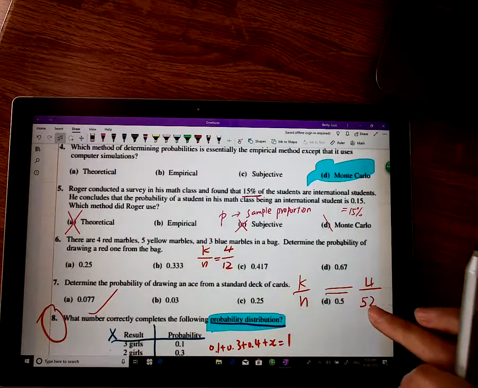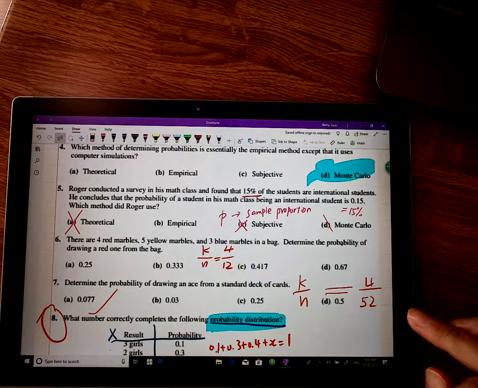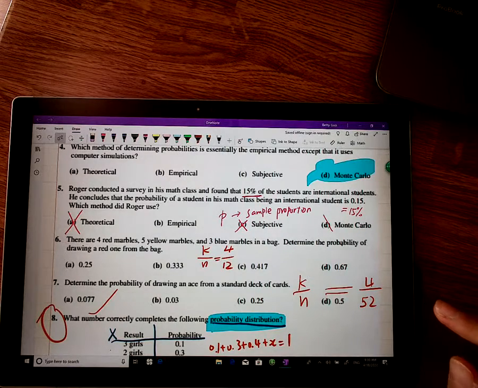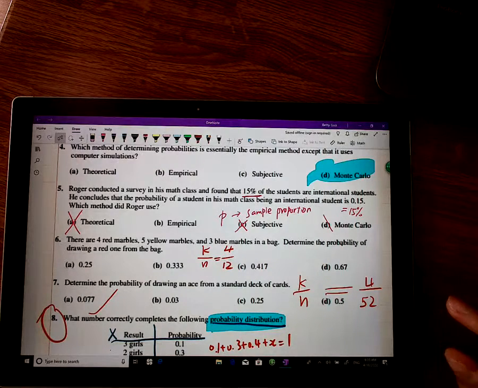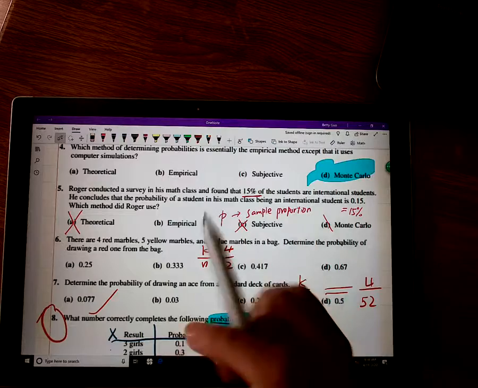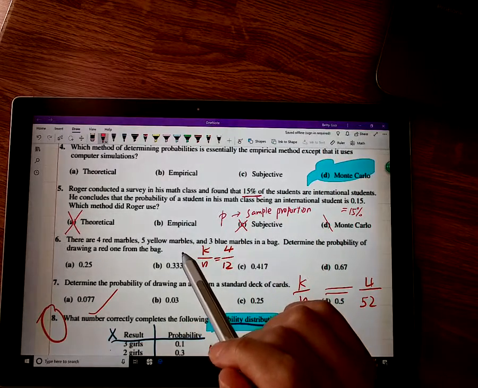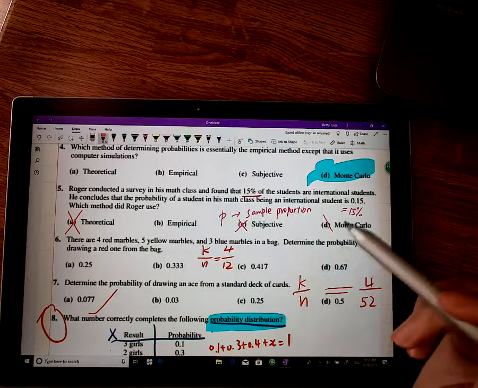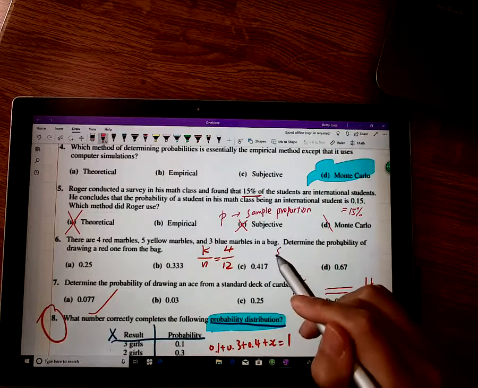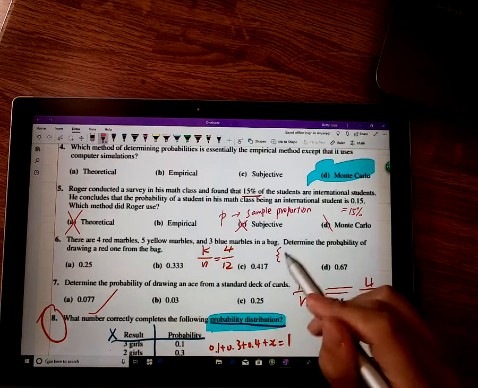Number 6, there are 4 red marbles, 5 yellow marbles, 3 blue marbles in a bag. Determine the probability of drawing a red one from the bag. This is classical or theoretical. What's the sample space here? Sample space here is 4 red marbles, right?